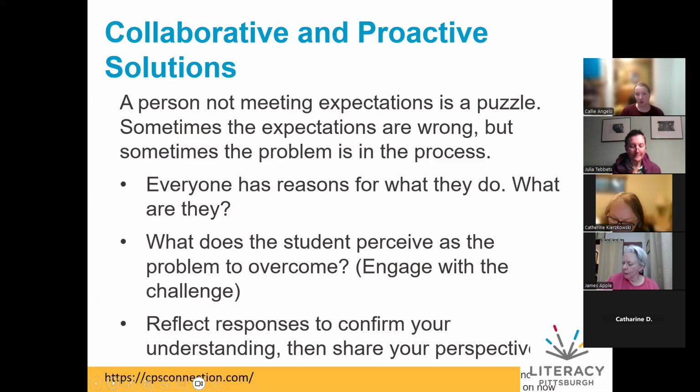If I'm speaking with someone, I may have a different view of what is happening than what they do from inside their own head. How do they engage with the challenge presented, and where do they see the barrier coming into play? You also want to reflect their responses back, so that you can confirm that you are understanding. That's just good communication skills. And then you're free to share your perspective and start the dialogue back and forth.